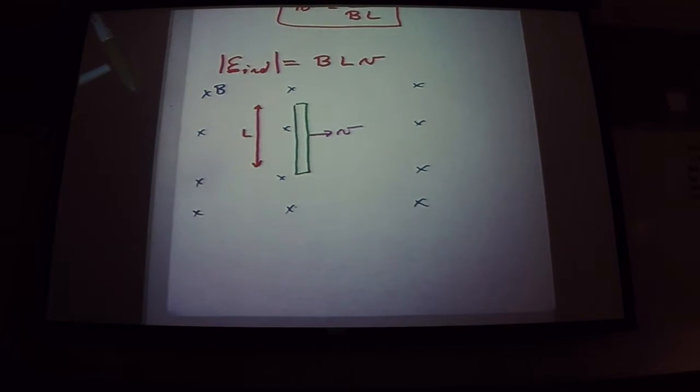But we can talk about an induced EMF, because the formula is a mathematical formula that talks about any loop. It doesn't have to be a current loop. It seems more practical when it is a loop through which current can actually run. But in theory, it still works. So what we do is we draw this hypothetical loop.